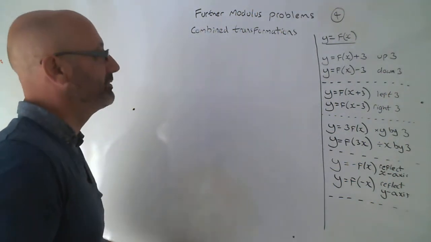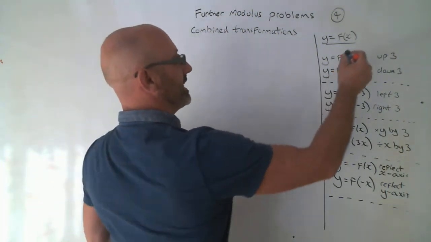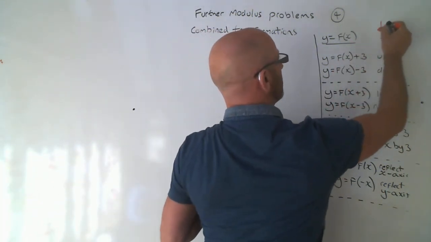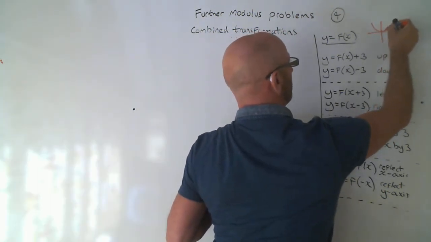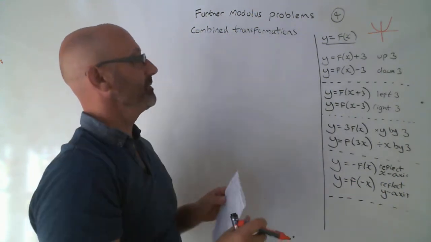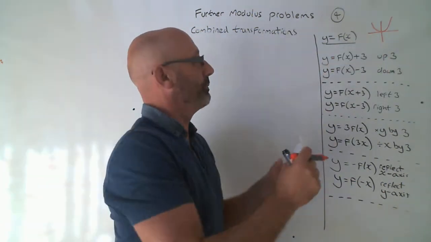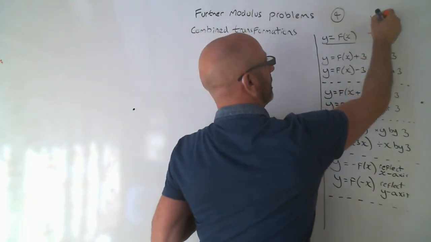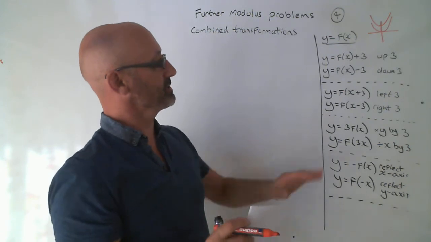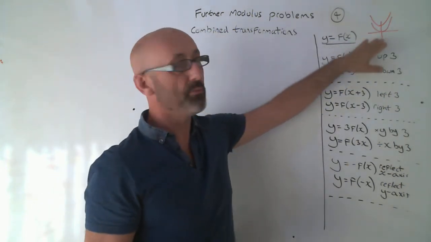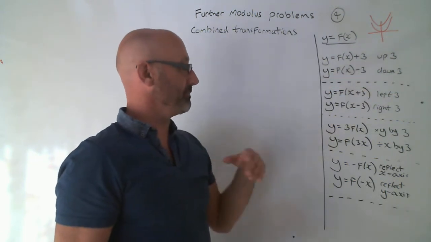The thing that really helps me remember these is if we take, say, y equals x squared, and I know if we took y equals x squared and we went up 3, well, I know that's what it would be like, so I remember it from there. It would go up 3, and that must be down 3.